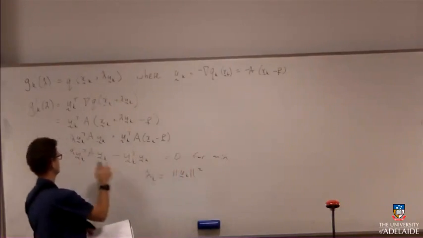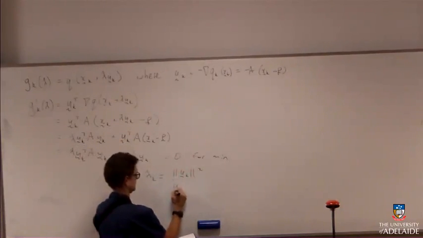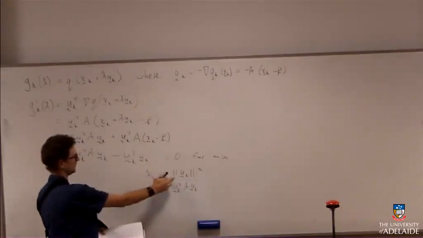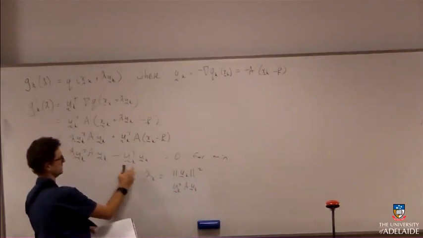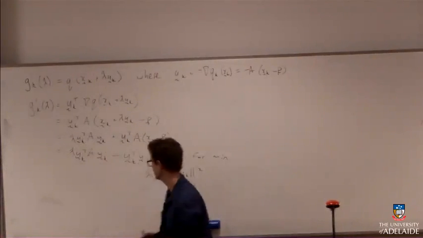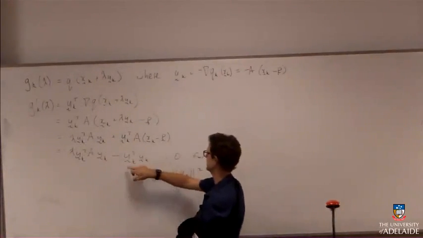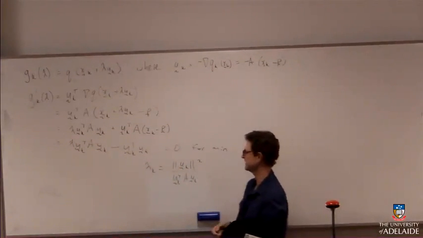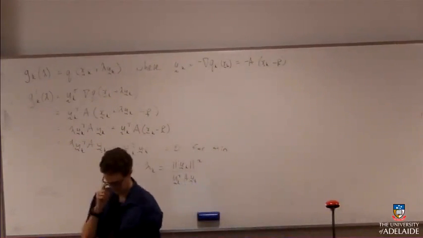This is going to be that term divided by uk transpose a uk. The numerator gives me the sum of squares of all of the terms in uk. So it's the dot product of uk with itself, which is the norm of uk squared. So that's my lambda k.